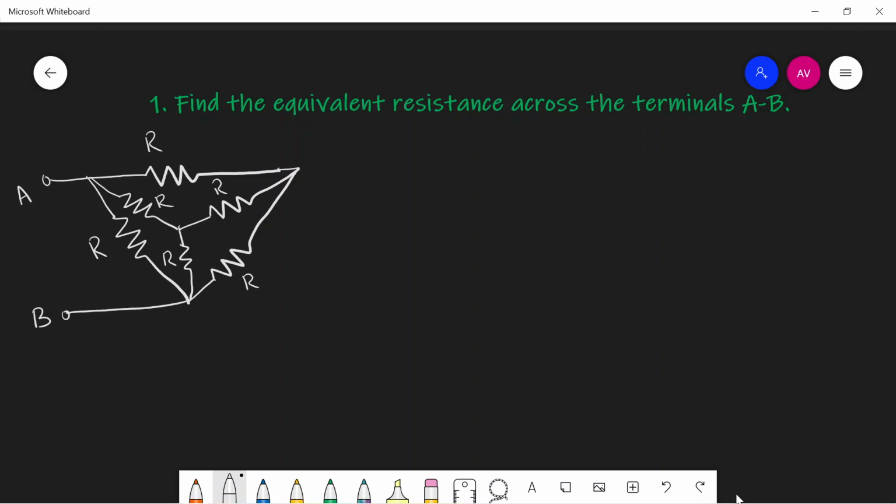Now I would like to convert this star connection to delta, or you can even convert the delta connection to star connection. It's your wish, but now I want to just convert this star network to delta network. So if I do so, I can rewrite the figure.